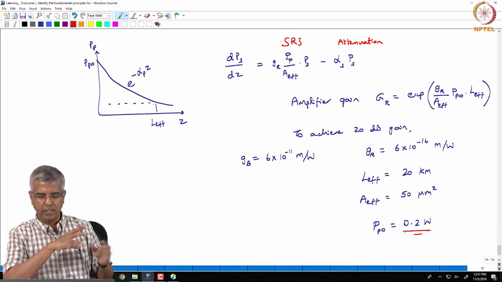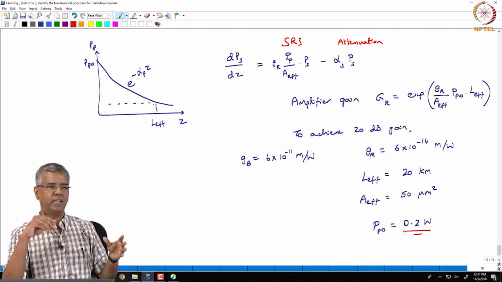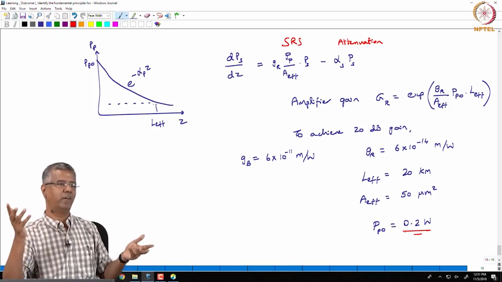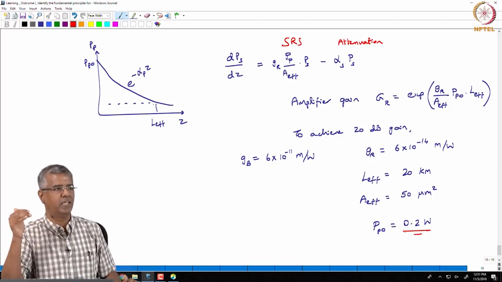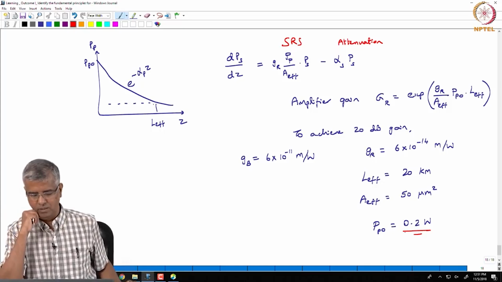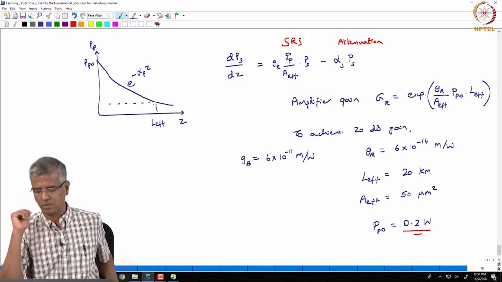So, if you want to call that a drawback, the big plus point is that this amplifier can be set up at whatever wavelength you want, because we are dealing with only virtual energy levels. So, we are not limited by specific energy levels as in the case of rare earth ions.